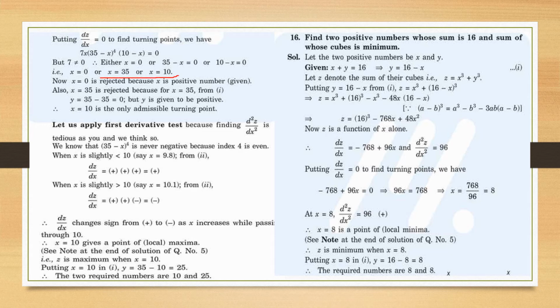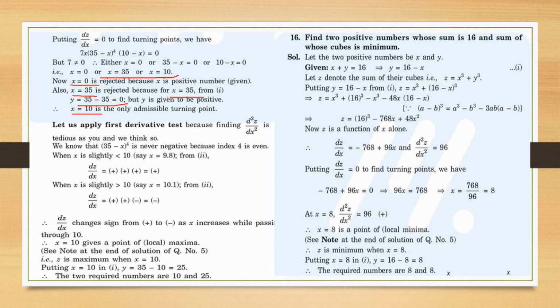But x equal to 0 is to be rejected, and x equal to 35 is rejected because the total is 35, so if I take 35 itself, my y will be 0. So the critical point or turning point should be taken as x equal to 10. I can go for any of the tests which I find suitable.